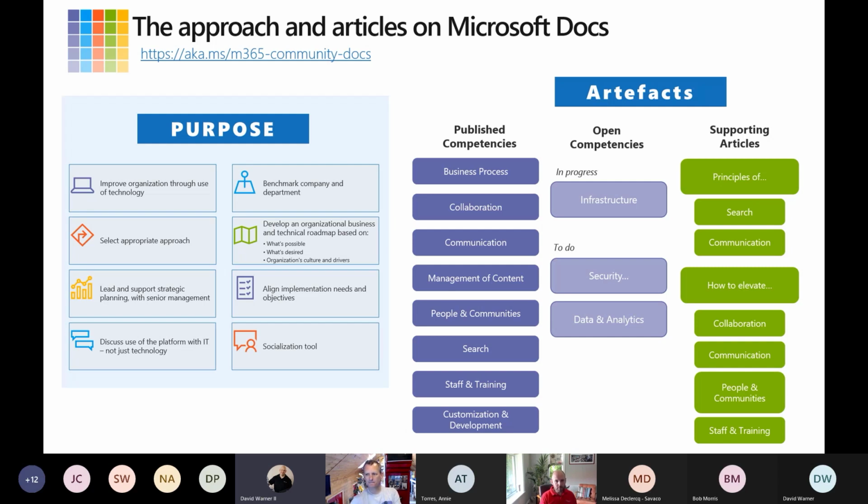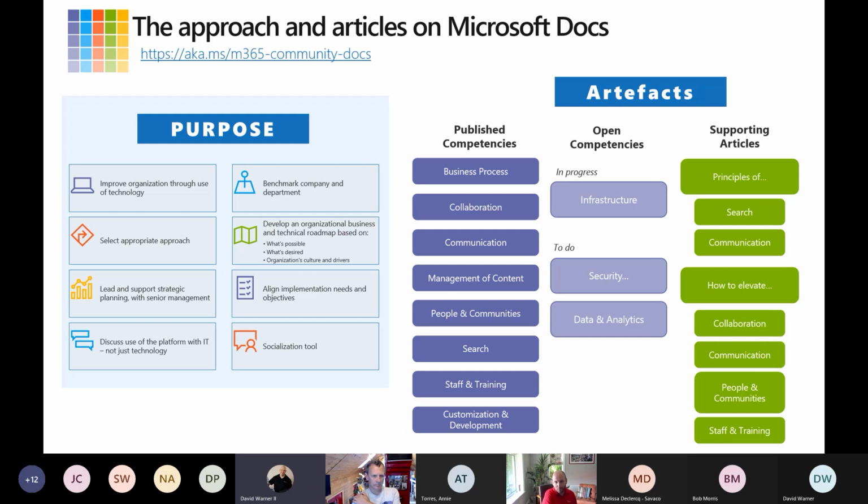We have a number of competencies, which I won't go through now, but just an overview of the core things which businesses need to be able to do. Businesses need to be able to manage content, improve the way teams collaborate and communicate, and find things. Where we are at the moment is we are making a start on the infrastructure side, and we're always looking for people to help out there.